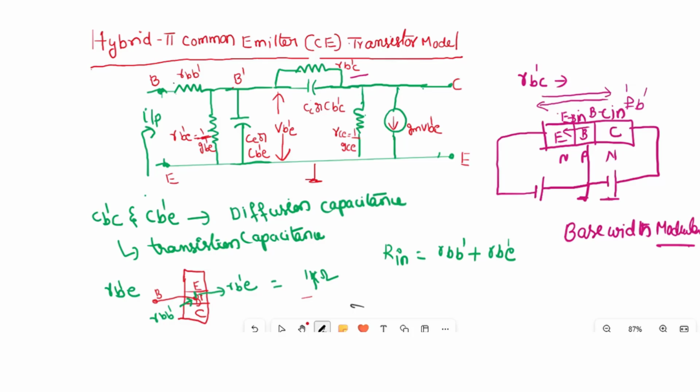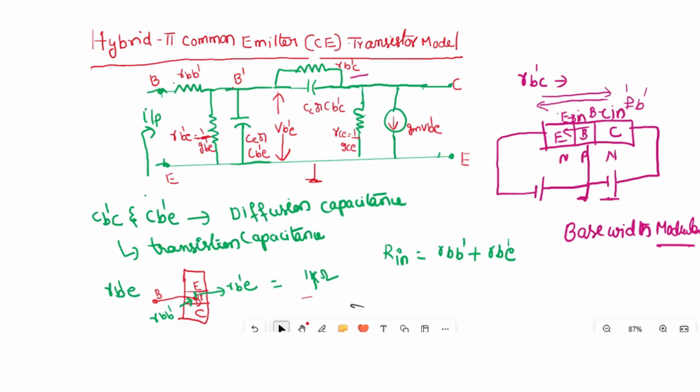RB'C indicates the feedback connection. What is meant by feedback? There must be a connection from the output to the input. Input to output connection is common, but here the reverse bias changes the depletion width, the depletion width penetrates more into the base and decreases the base width, the base carriers move towards the emitter, which increases the emitter current, and that emitter current again increases the collector current.